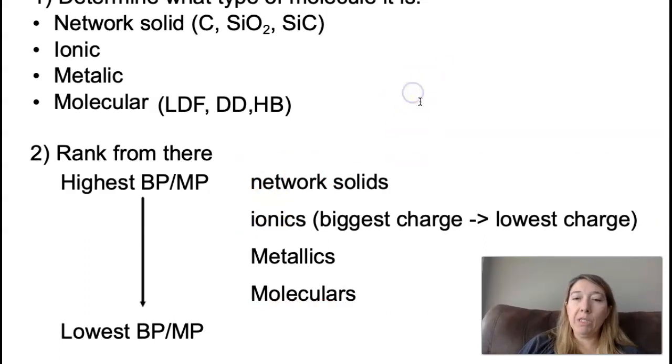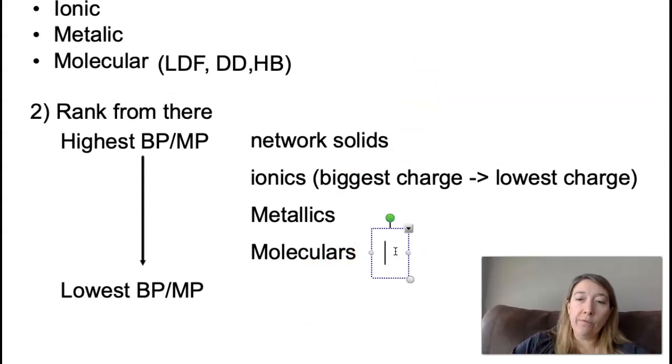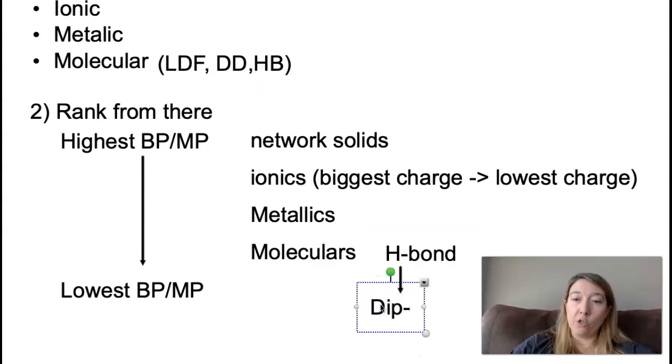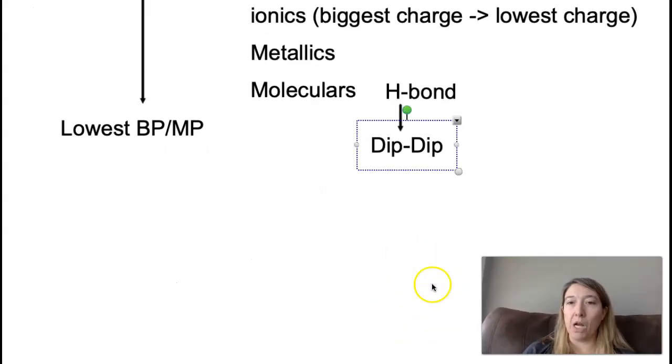When we're ranking our moleculars, we want to look at what the intermolecular forces are. We're generally going to find that if we have a hydrogen bond, that places it higher than something with just a dipole-dipole, because to have a hydrogen bond, you also have to have a dipole-dipole. So generally it's going to be higher.